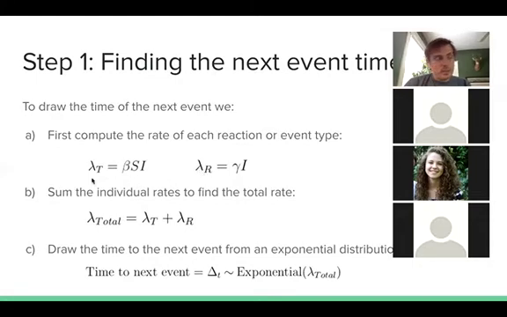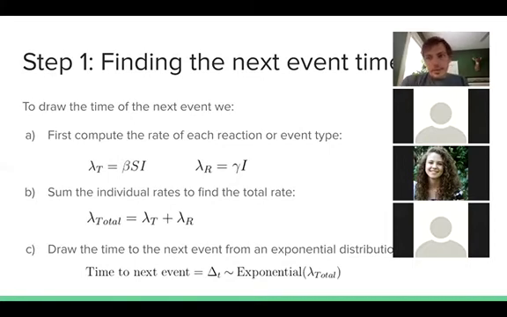And so transmission events, we're going to say occur at a rate lambda t, and then this is equal to our incidence rate, beta SI, that we've seen over and over again by now. And then we have recovery events, which we'll say that those happen at rate lambda r, and that's equal to gamma times I, the number of infected individuals times the recovery rate.